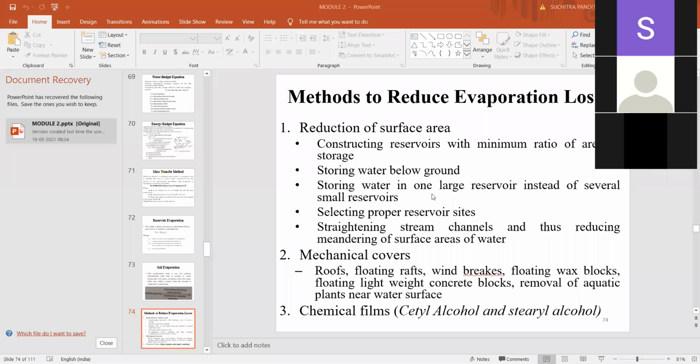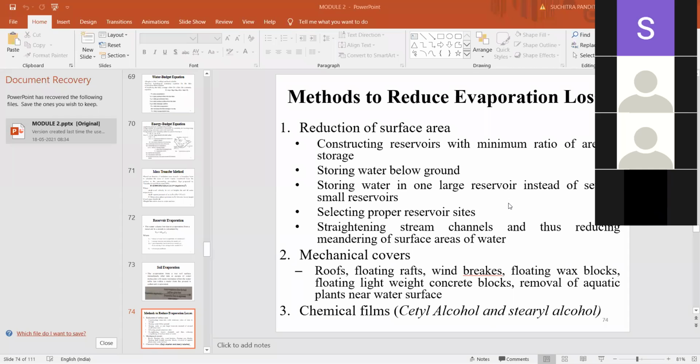And storing water in one large reservoir instead of having a number of small reservoirs. So you can have one big reservoir instead of small reservoirs, so that you can reduce the evaporation losses to some extent. Next, selecting a proper reservoir site. So this is most important. If you select a deep gorge or a deep valley, the depth of the storage increases, hence the surface area exposed to the atmosphere will be minimum, hence to some extent you can reduce the evaporation losses.